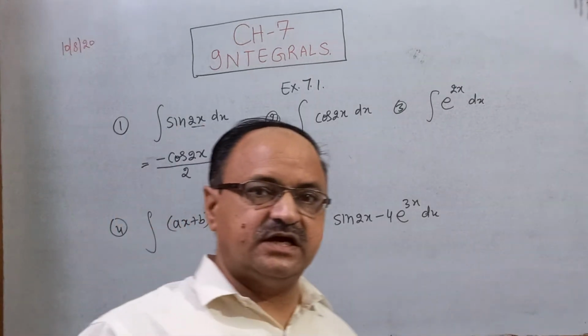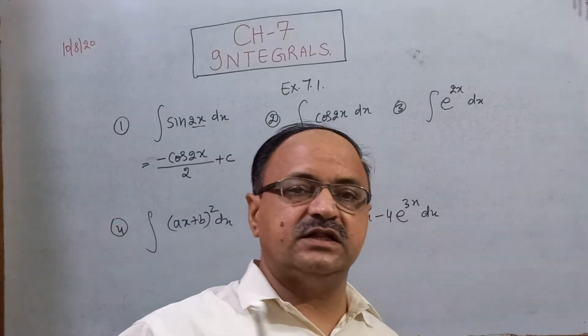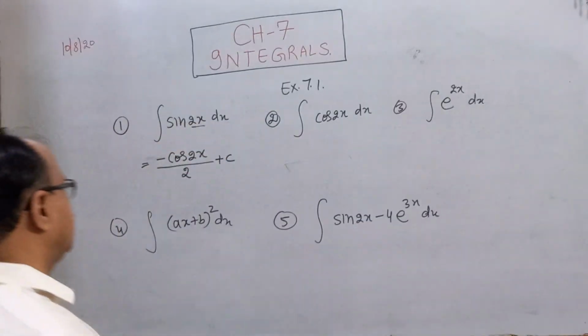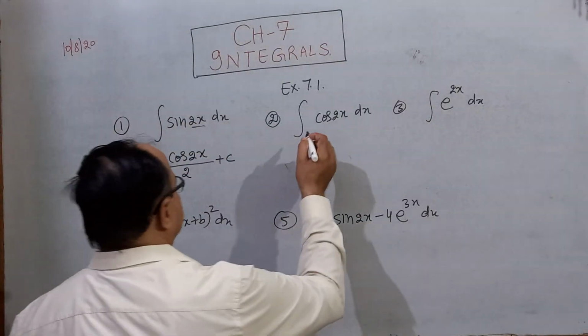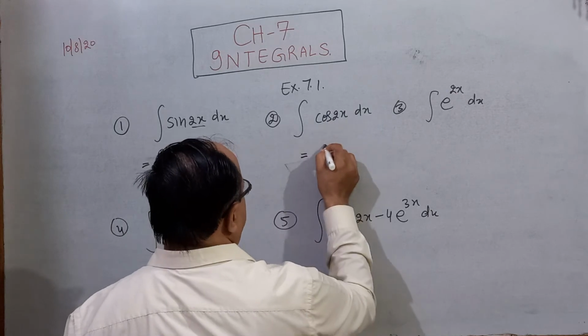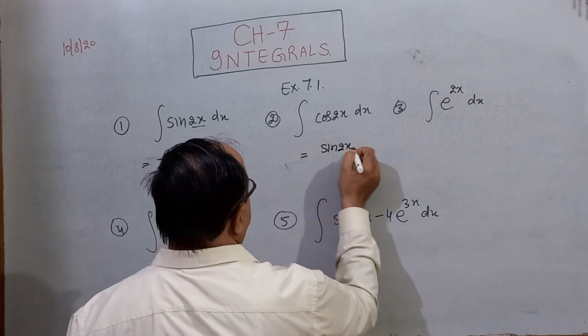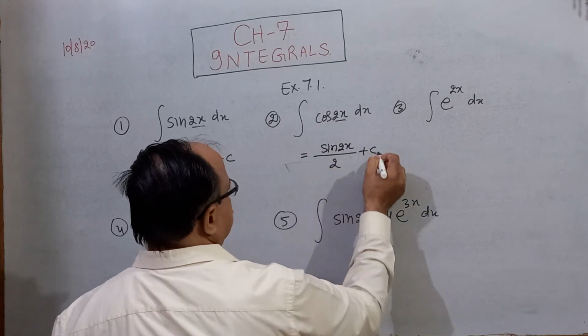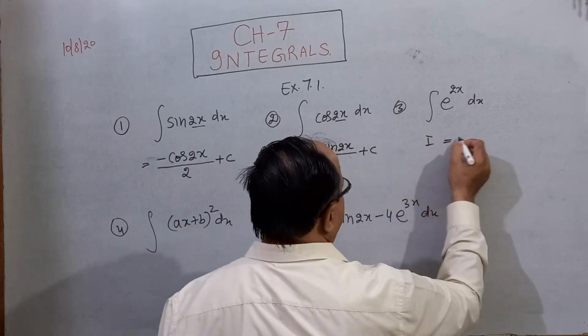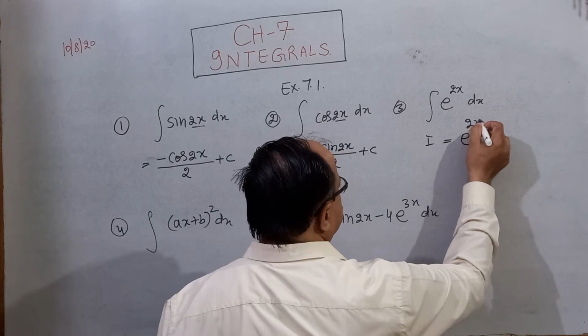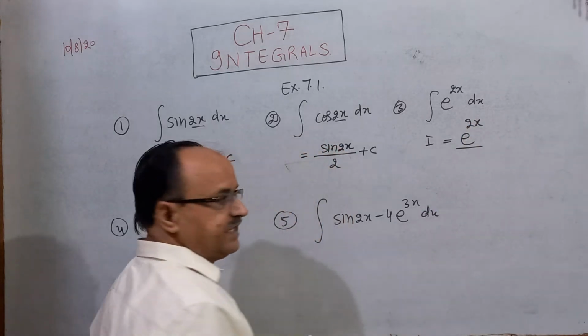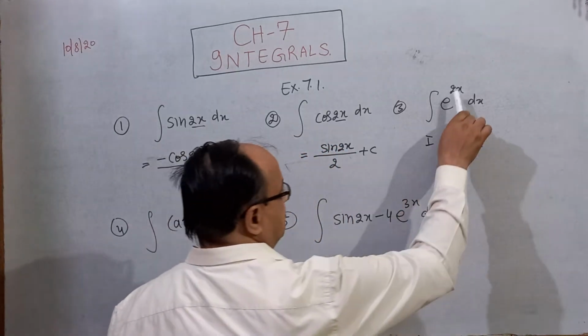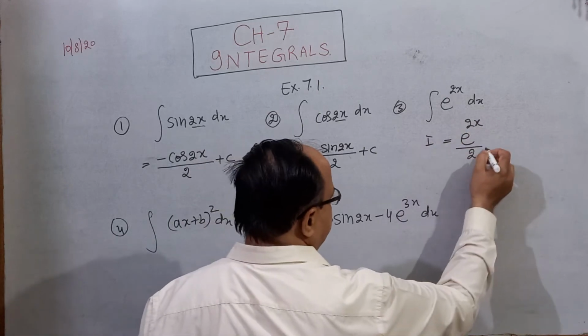Always write the derivative of the angle in the denominator, right? Now that is sin 2x, and the derivative of 2x is 2. Similarly here, e to the power 2x as it is, and the derivative of the power is here in the denominator.